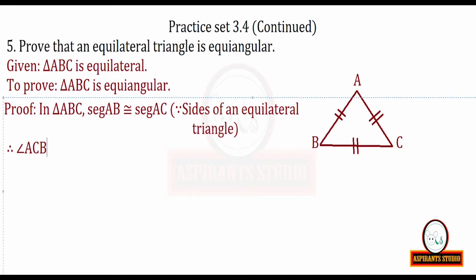Opposite to segment AC, you have angle ABC. So angle ACB is congruent to angle ABC by isosceles triangle theorem. Take this to be the first equation.